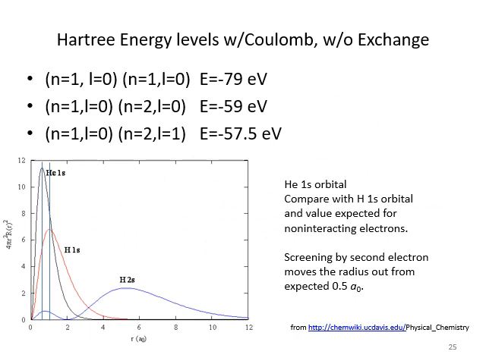So this Hartree approach also gives us some other energies. I'll talk through this. It gives us the binding energy of both electrons when both electrons are in the n equals 1, L equals 0 state.